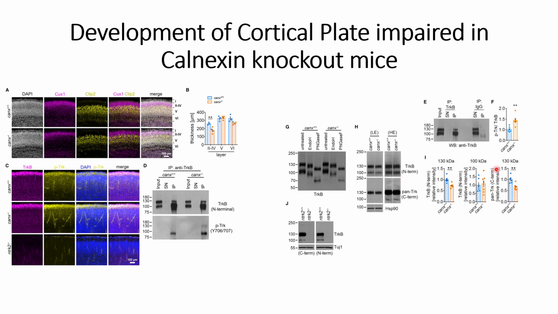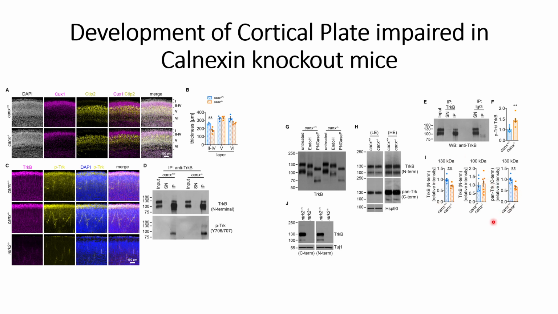However, when they check it for pan TRK, or C terminals, they can find that there is a difference in the non-phosphorylated TRKB. In the calnexin knockout, it is significantly, statistically reduced compared to the case where calnexin is present.